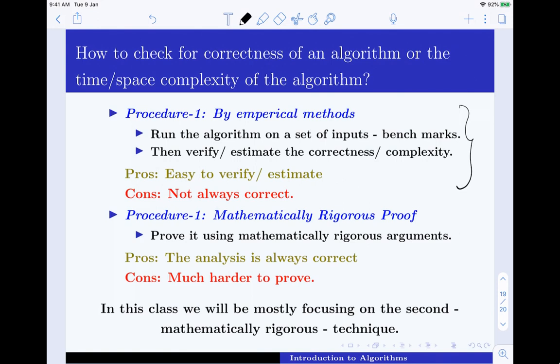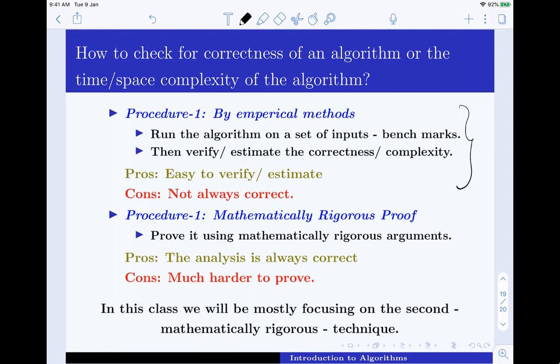Sometimes in this setting you understand the speed of the algorithm by measuring the number of seconds after which the algorithm outputs the answer. But then we have to be very careful: are you running the algorithm on similar machines, or on an older machine, and so on and so forth. A lot of things have to be ensured, that they have been normalized.